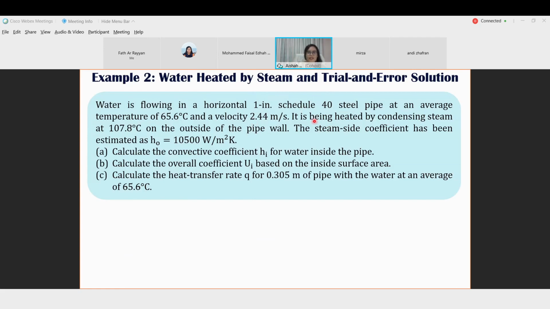The outside heat transfer coefficient, HO, is already given in this case, 10,500 watt per meter squared K. First they want you to calculate convective HI, then calculate overall coefficient UI, and calculate heat transfer Q. We also have the length of the pipe.